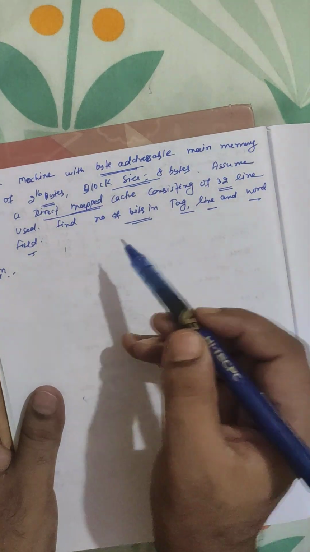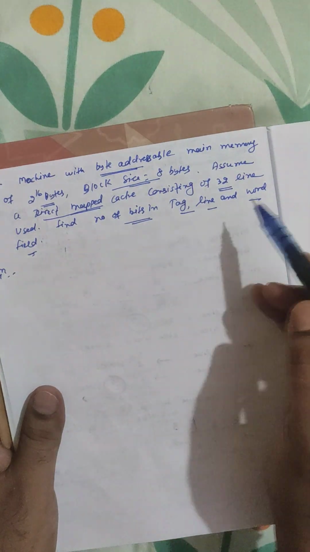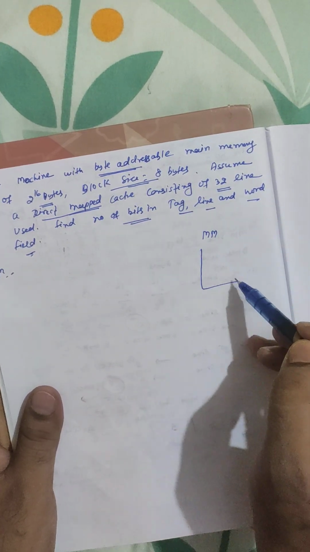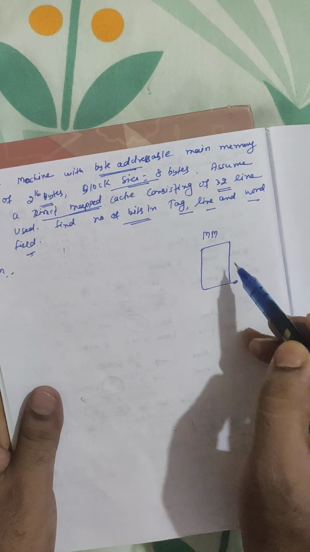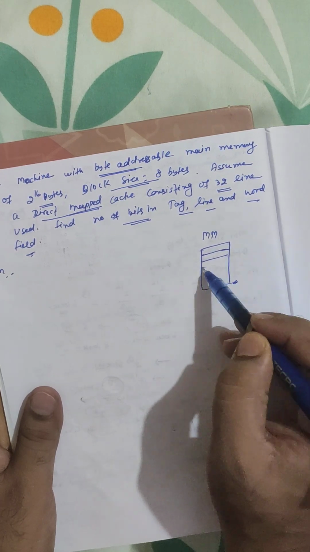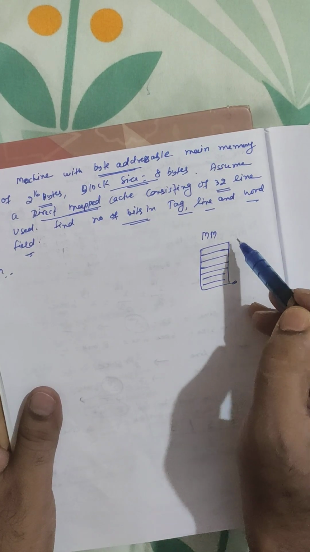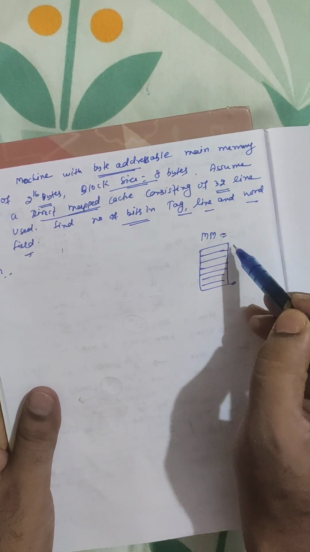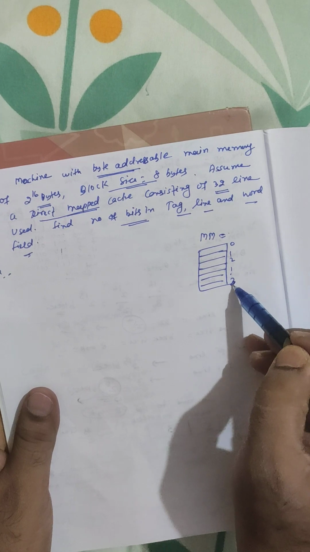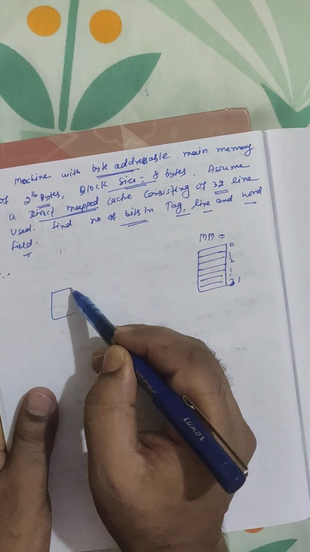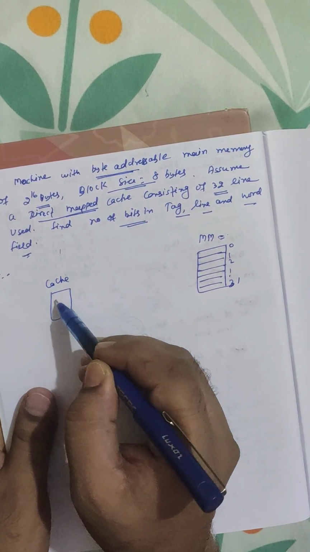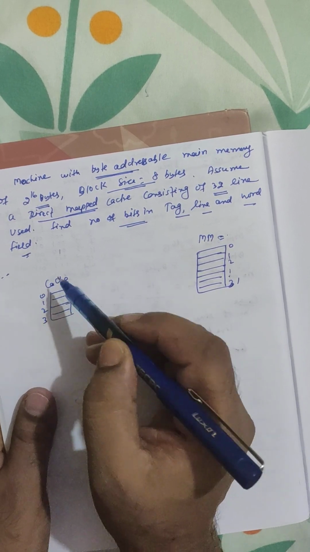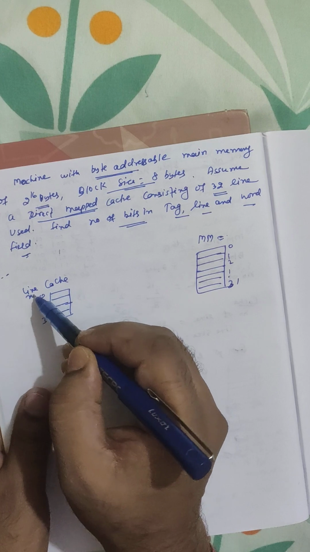So suppose this is main memory, and main memory has 32 blocks, numbered 0, 1, 2 up to 31. We also have cache memory, and the cache memory has 4 lines, 0, 1, 2, 3. This is the line number.